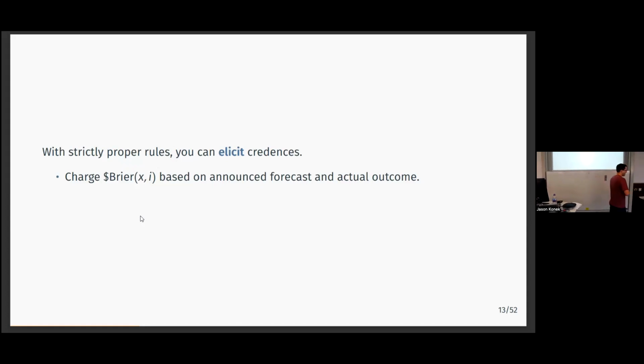So the Brier score was so named, and Teddy can probably tell you more about the historical context, in the Monthly Weather Review in around 1952, when Glenn Brier came up with it. The real idea was: how do you get weather forecasters to tell you what they really think, their true probability for rain? There are sometimes incentives to lie.